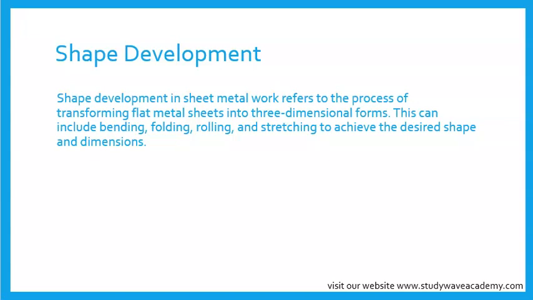Imagine folding paper to make a paper plane, but this is kind of like that, but it is metal. Do you understand? So shape development means making shapes with metal sheets, turning flat pieces into 3D forms.